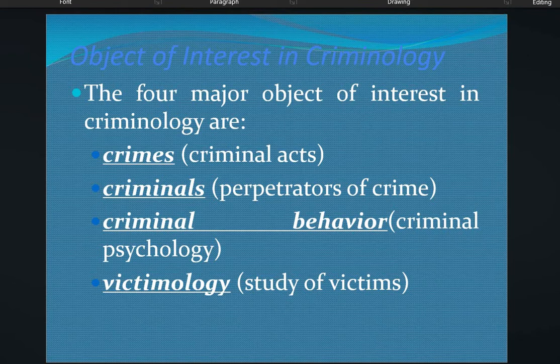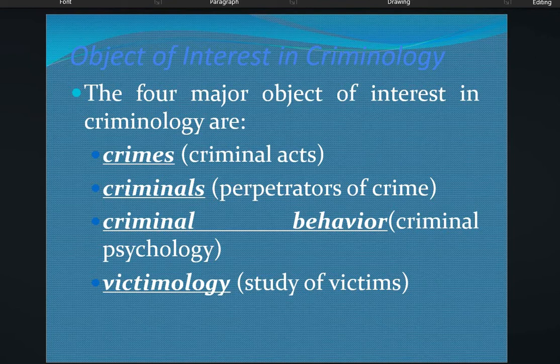Number 4 is the victimology. Pag-uusapan din natin yung victims of crime. Okay? Hindi lang tayo puro criminal aspect. Hindi lang yung kung sino yung gumawa ng crime. We also discuss what is the participation of those victims in the commission of the crime. Ano yung ginawa nila? Ano yung mga bagay na nakita natin na pwede nating ma-prevent? Okay? So, yun yung part ng pag-aaral natin.